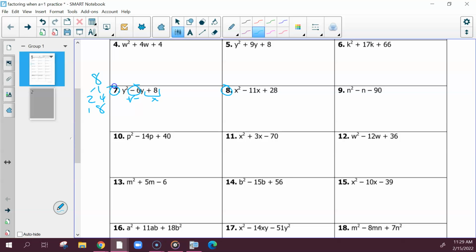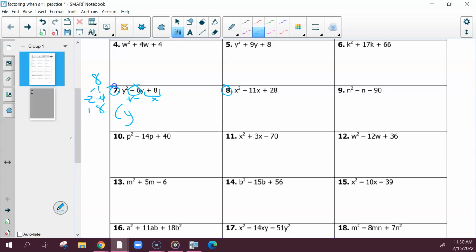So of these sets of factors, which ones could we make both negative that would subtract to be negative 6? 2 and 4. Because negative 2 times negative 4 is positive 8, and negative 2 minus 4 is negative 6.